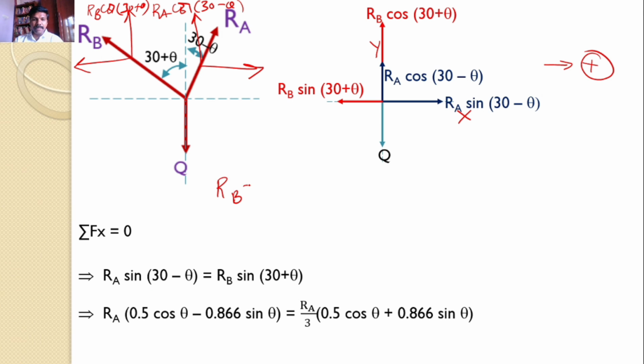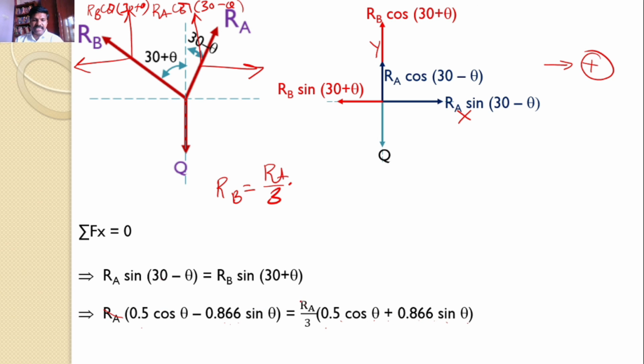Given that RB is equal to RA by 3, I can substitute there. RA into sine 30 minus theta, I will expand: sine 30, that is 0.5 cos theta, minus cos 30, that is 0.866 into sine theta, is equal to RA by 3 into 0.5 cos theta plus 0.866 sine theta.